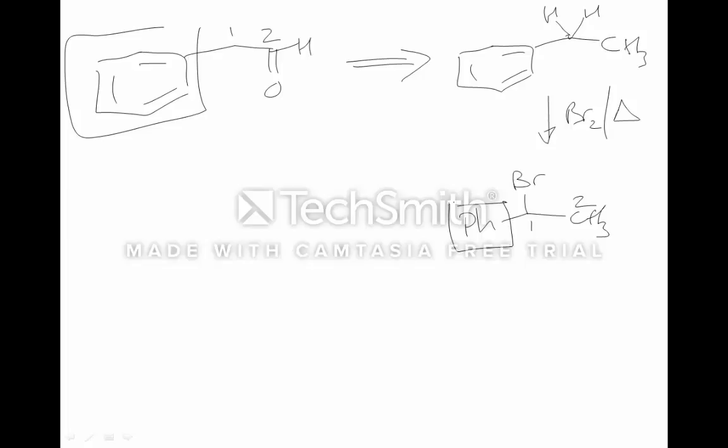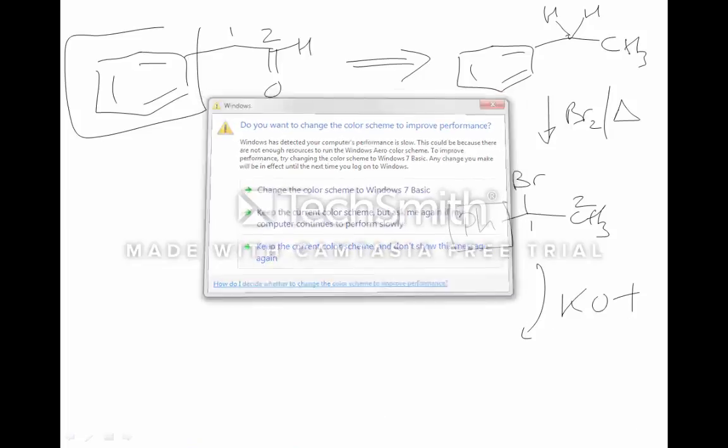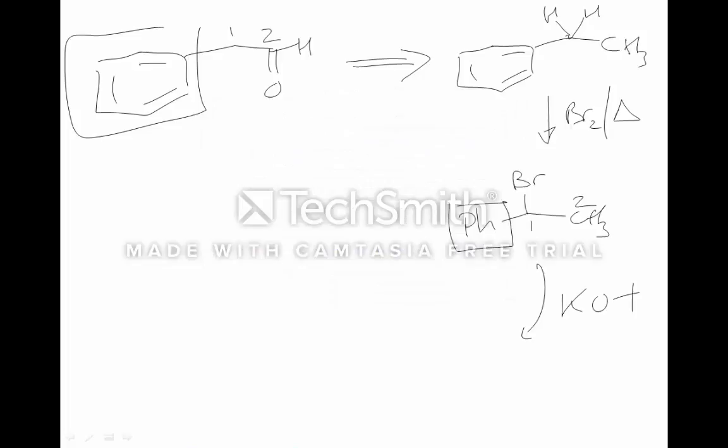We can eliminate them. We can substitute them. There's only 2 possibilities. So do a substitution. See where that leads you. Practice these, and then try an elimination. What happens if you add potassium tert-butoxide or sodium amide or LDA or DBU, DBN, sodium hydride, etc.? What do you get? You get a double bond.